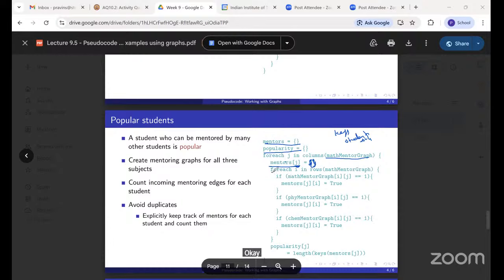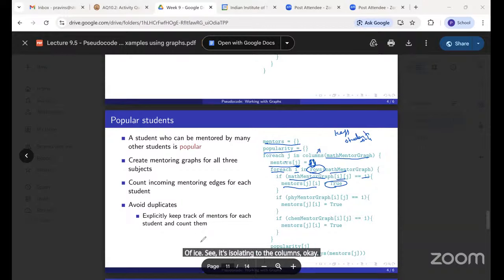For each i in rows of the math mentor graph, it goes through the rows and checks whether the math mentor graph ij equals 1 or not. If it does, it sets the mentor of j of i to true. See, it's iterating over the columns.